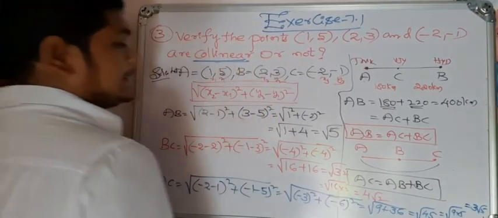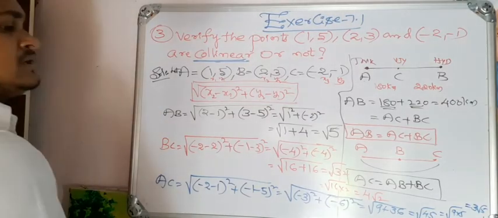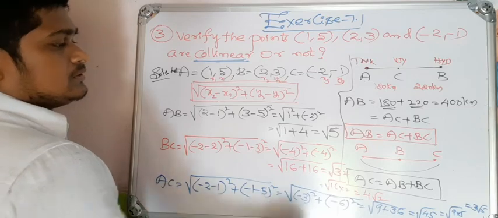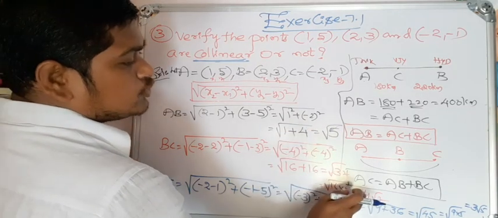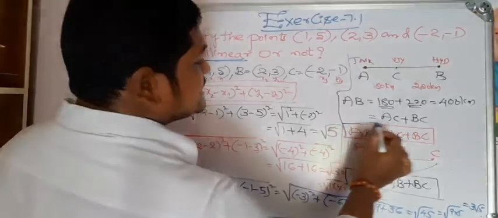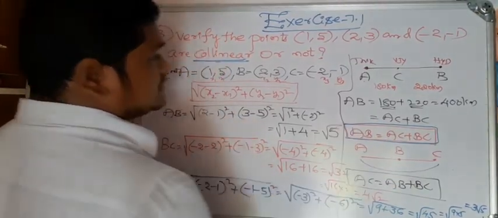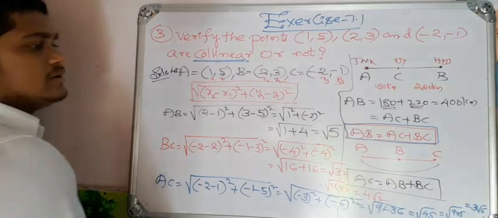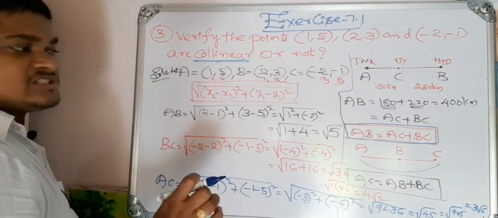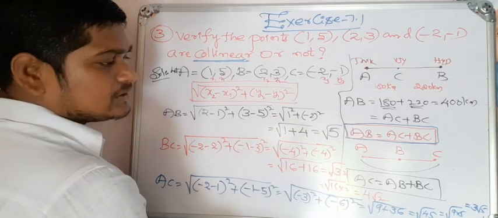But observe here, if we add any two distances, for suppose if we add root 5 plus 4 root 2, we cannot get 3 root 5. That means we have to satisfy this condition, AB is equal to AC plus BC, but there is no chance of getting any two distances to give the third distance.